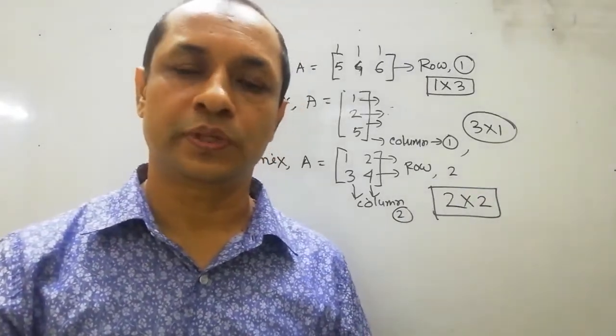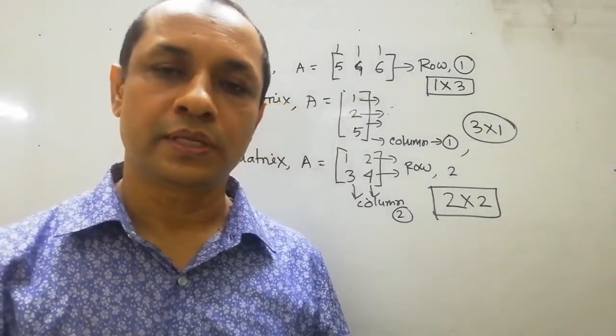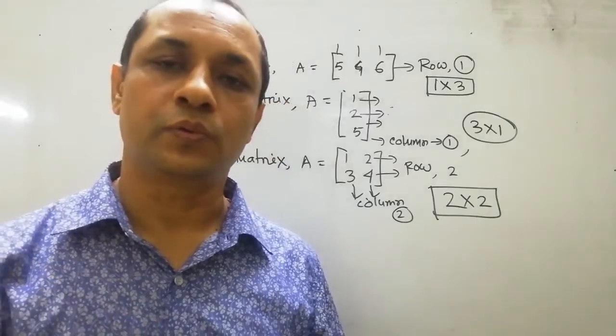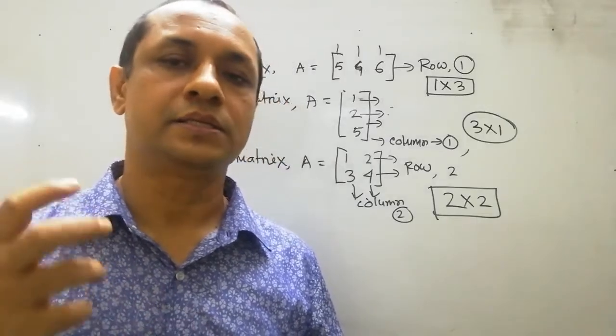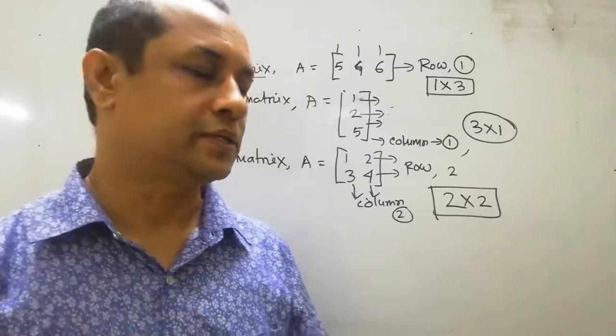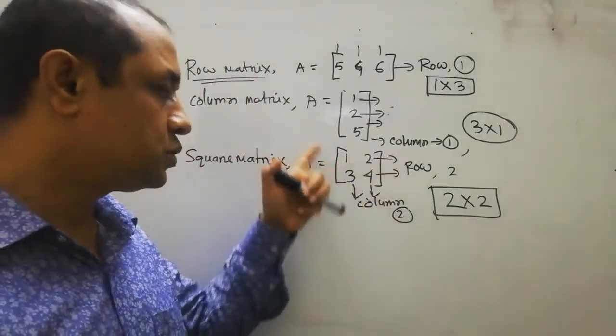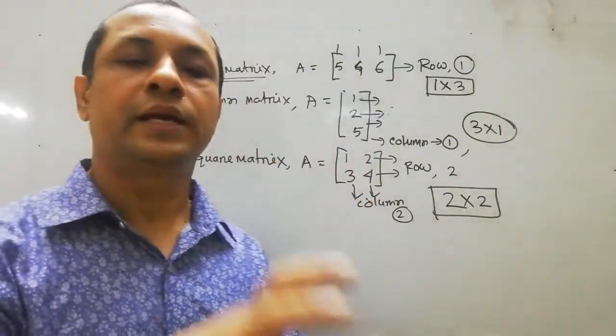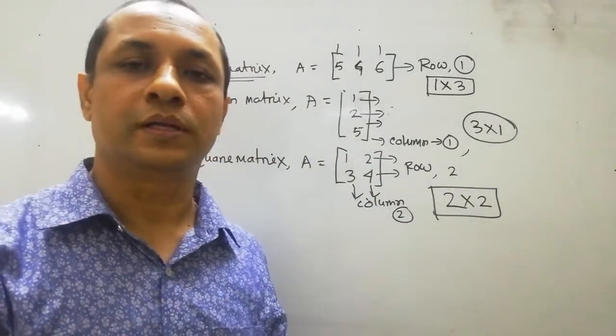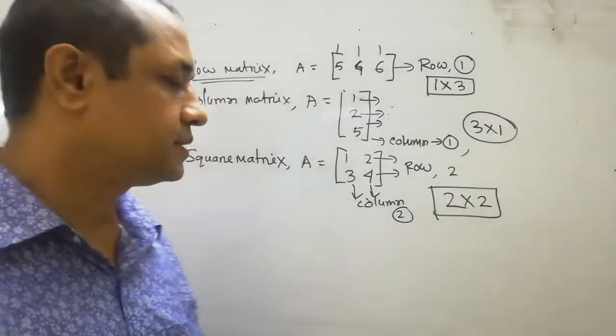I say again, students, if the number of rows and the number of columns are equal in a matrix, then it is called a square matrix. Here 2 rows and 2 columns, so the number of columns and rows are equal. So it is a square matrix.